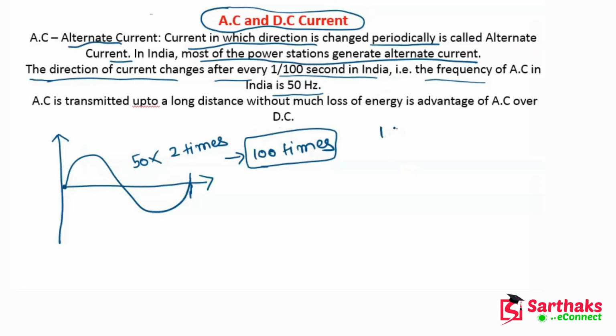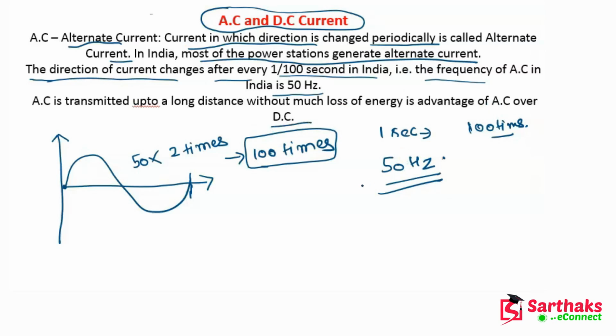Okay, so in 1 second it is changing its direction 100 times. Now guys, what is the frequency? Frequency is 50 Hz. AC can be transmitted to a long distance without much loss of energy, which is an advantage of AC over DC.